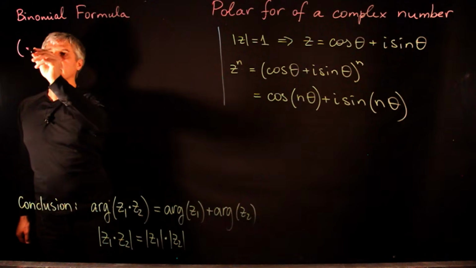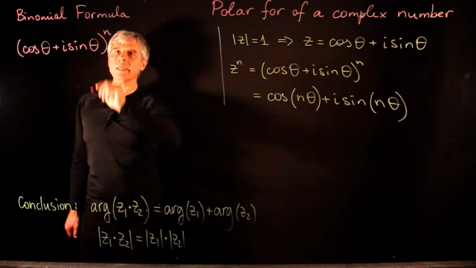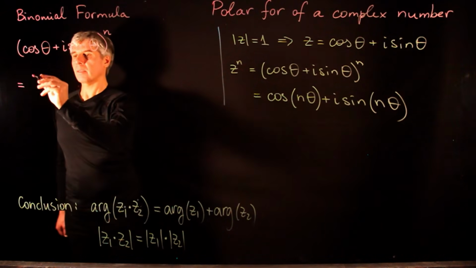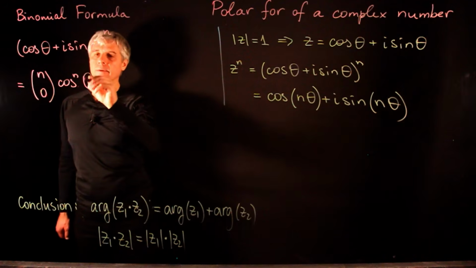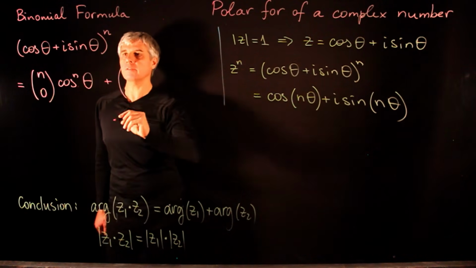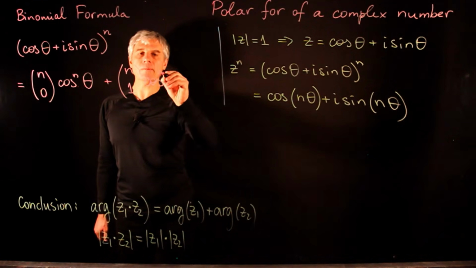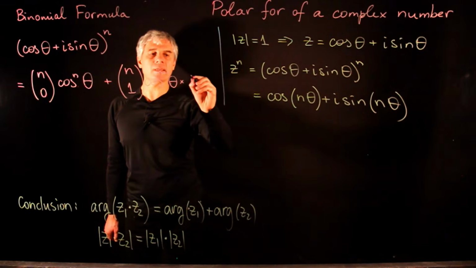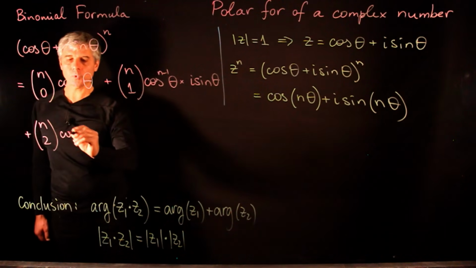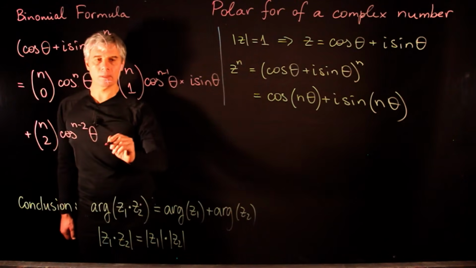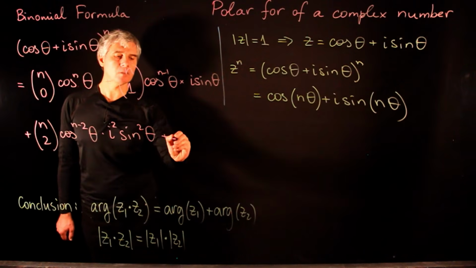We get that (cos theta plus i sine theta) to the power n equals the binomial coefficient n choose 0 times cos to the power n theta, plus the binomial coefficient n choose 1 times cos to the n minus 1 theta times i sine theta, plus n choose 2 cos to the n minus 2 theta times i squared sine squared theta, and so on.